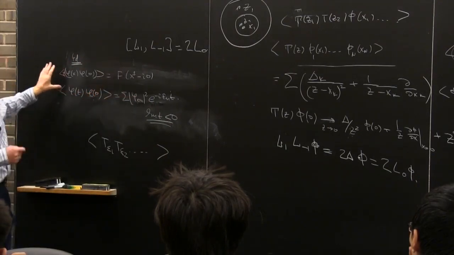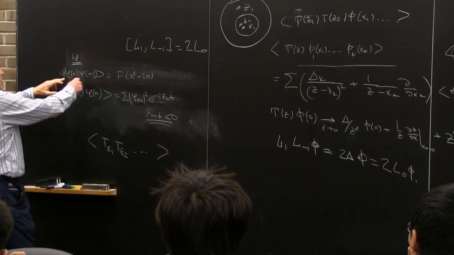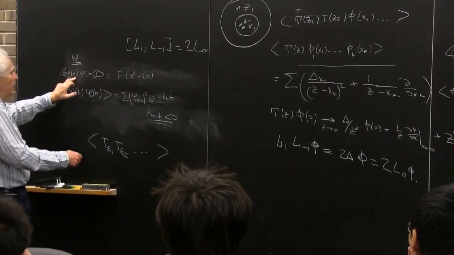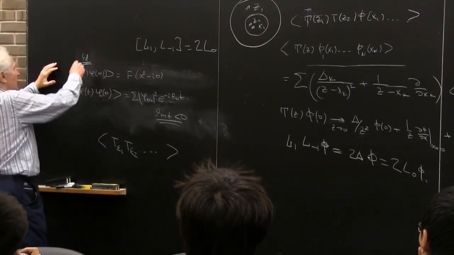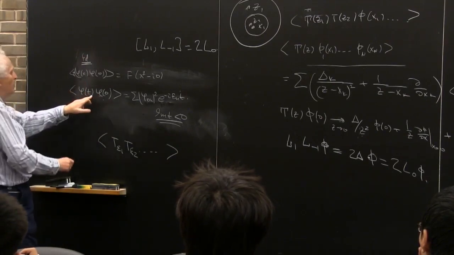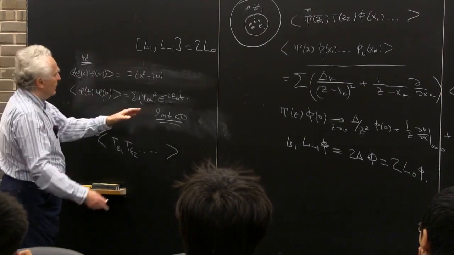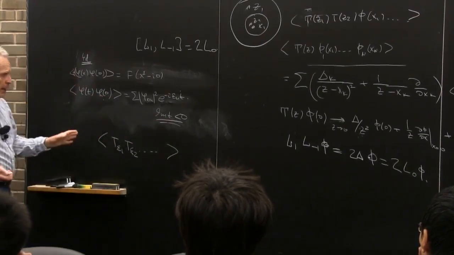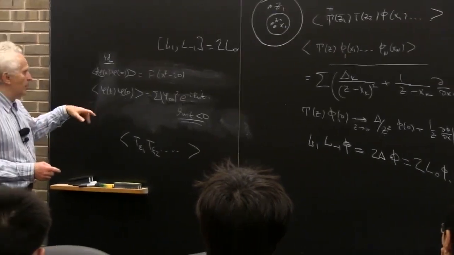The function of time is analytic. And if you remember the definition of this thing, you have the t product, which means that for t greater than 0 it is this order, for t less than 0 it's the other order. I'm going intentionally very quickly because I assume you know this.